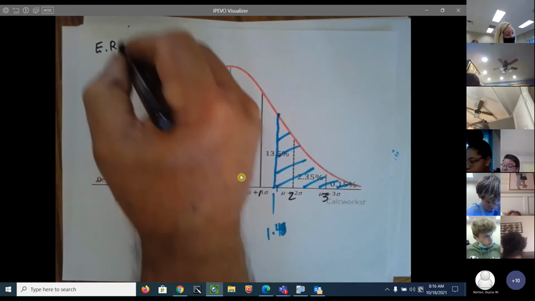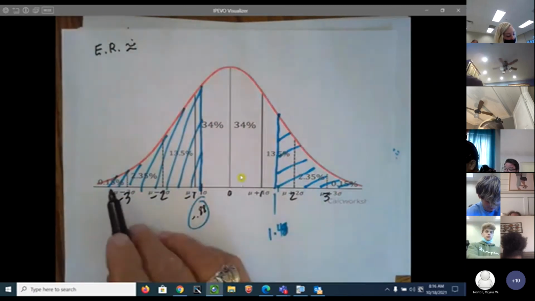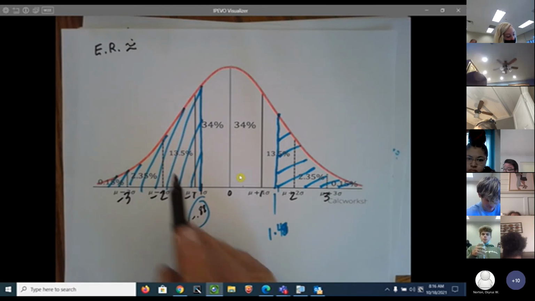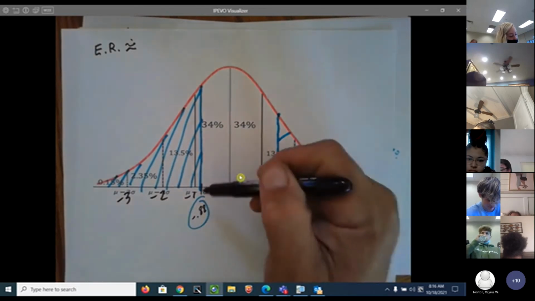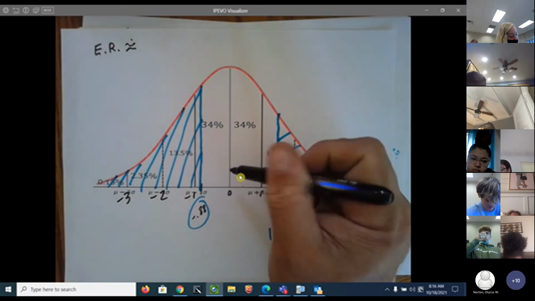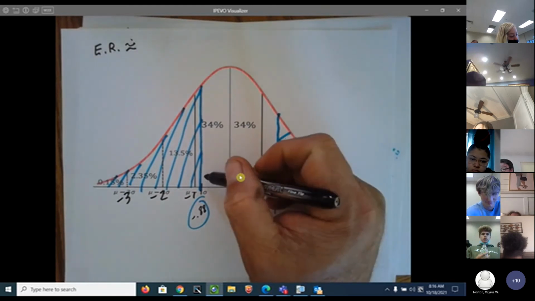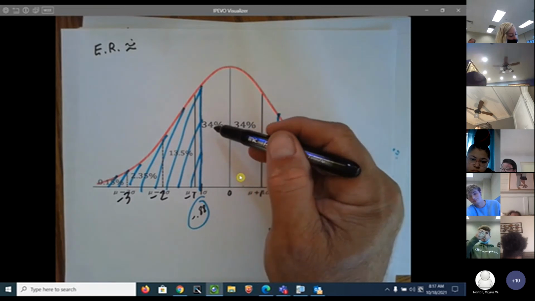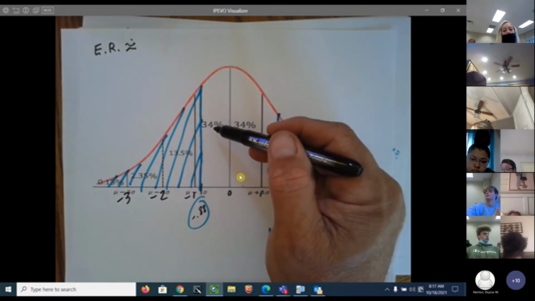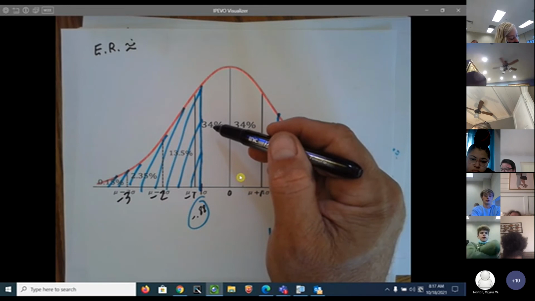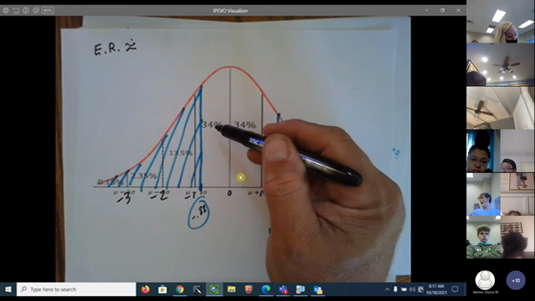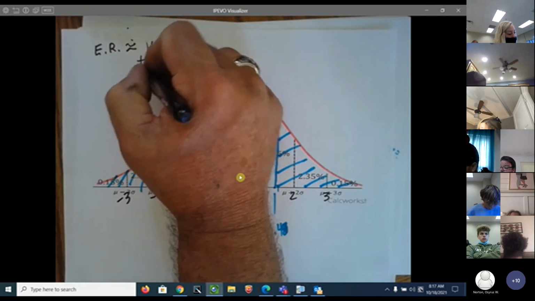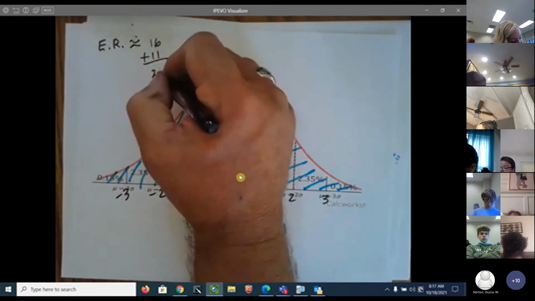Empirical rule is an estimate, and that's going to be 2.5, 13.5 is 16. And then let's see, this is 0.88. 0.88 is 3/4. So 1/4 of 34 would be like, let's see, 33 divided by 3 is 11. So we're going to say 16 plus 11 is 27.